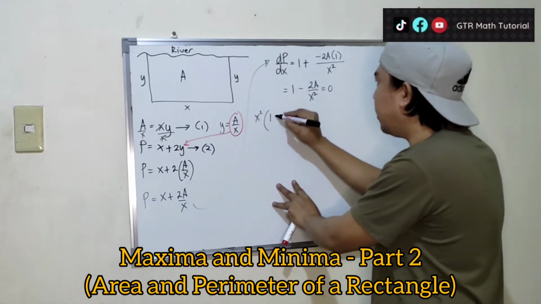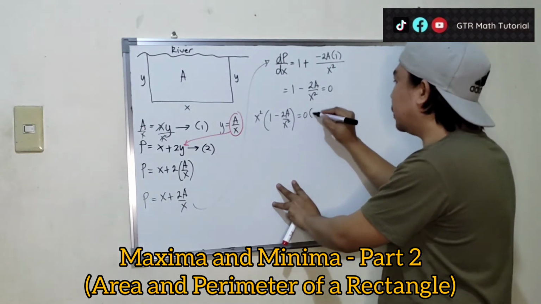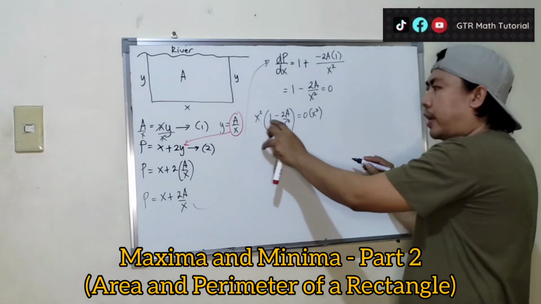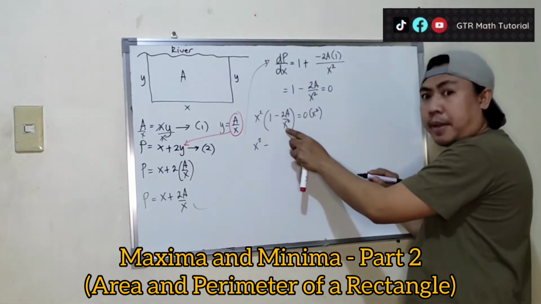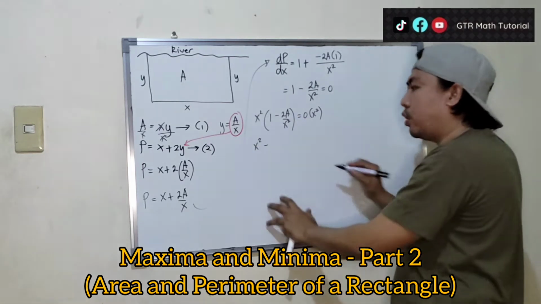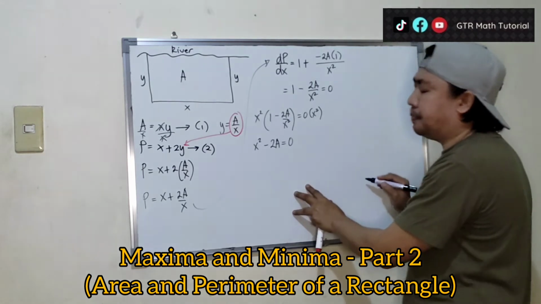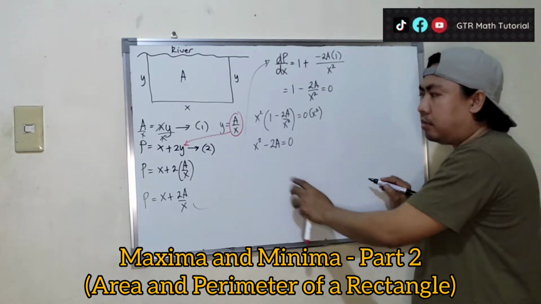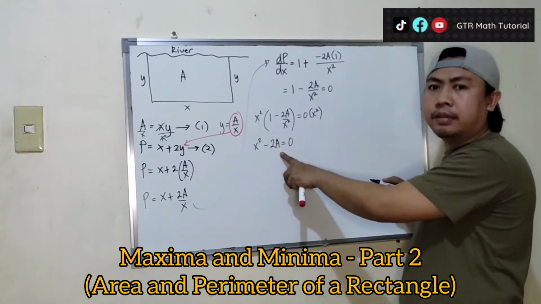So, we have 1 minus 2a over x squared equals 0 times x squared. So, x squared times 1, so we have x squared minus x squared divided by x squared, so this will be cancelled out. So, we have negative 2a equals 0 times x squared is still 0. Then, we can solve for x or solve for a.